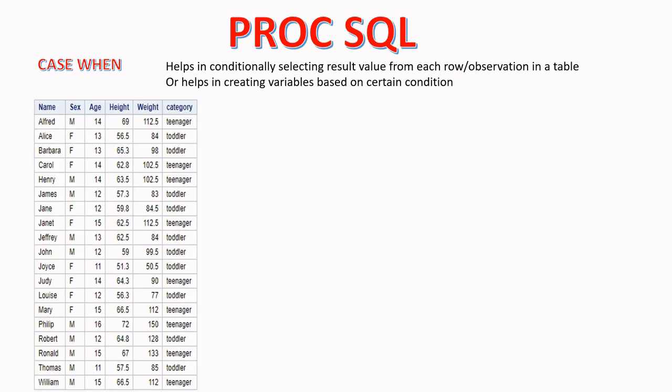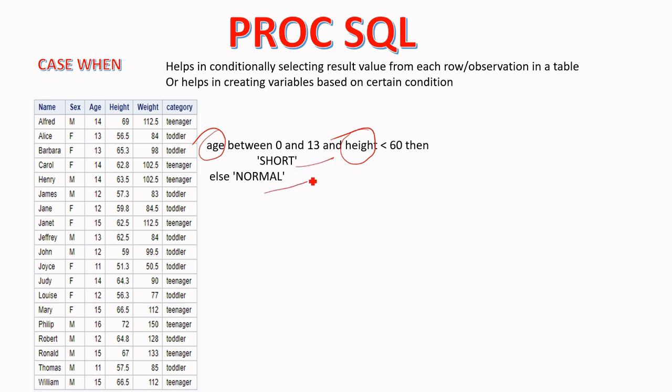This time we have this table again, and then we want to put this condition age between 0 and 13 and height. If you notice, we are using two variables, age and height, and then make it short, otherwise normal.